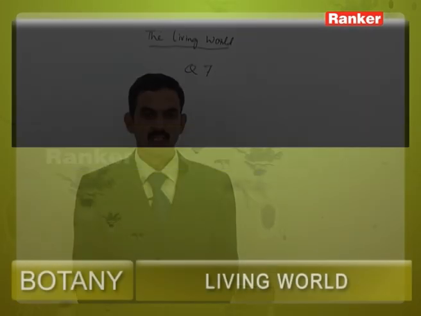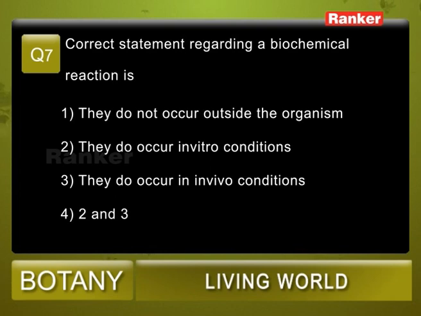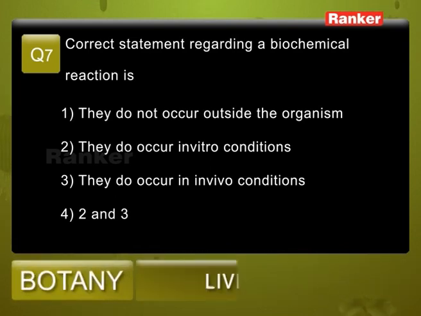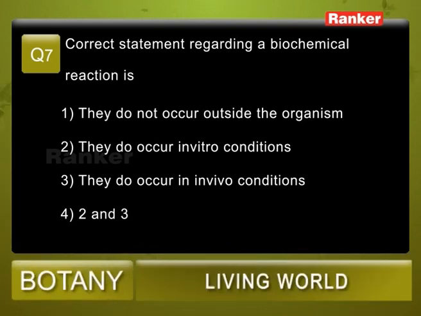Question number 7, the correct statement regarding a biochemical reaction is: 1, they do not occur outside the organism; 2, they do occur in vitro conditions; 3, they do occur in vivo conditions; and fourth one is 2 and 3.